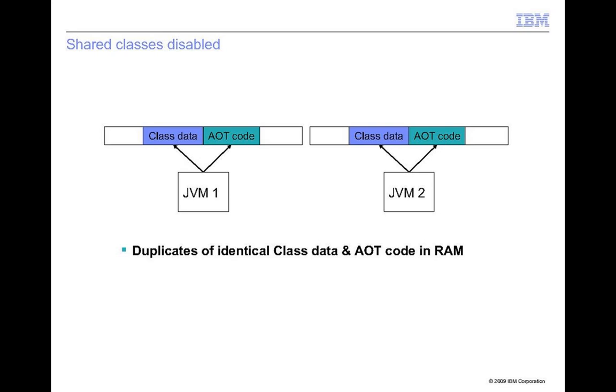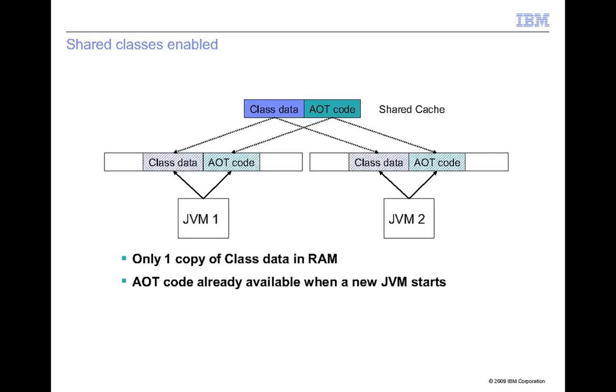So moving on to the next slide, you can see here this is what happens when shared classes is enabled. We have one copy of the data, the class data and the AOT data. That's the shared cache you can see at the top. And then each of the two JVMs, JVM1 and JVM2, maps that shared cache into memory.